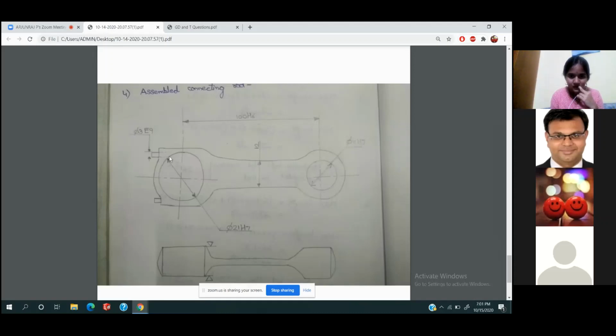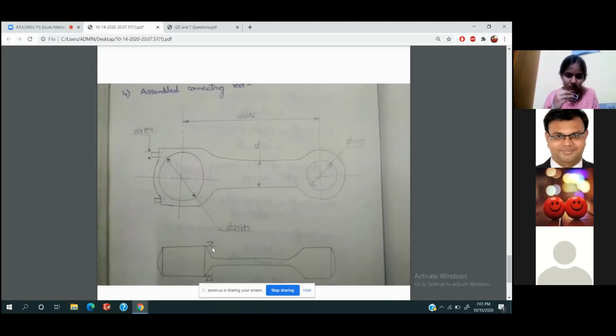For the bolt there will be one hole to fix it, so I have mentioned its dimension along with the tolerance and the center distance between these two. That's all. Finally, I mentioned the roughness of the surface as one of the features for the connecting rod. What will be the roughness in terms of value? How much can you give as surface roughness?